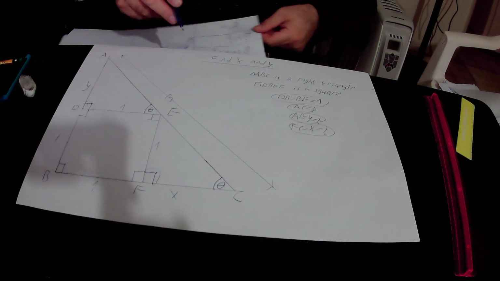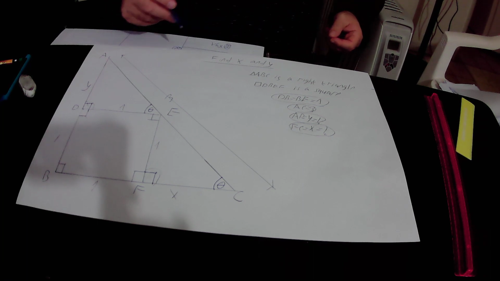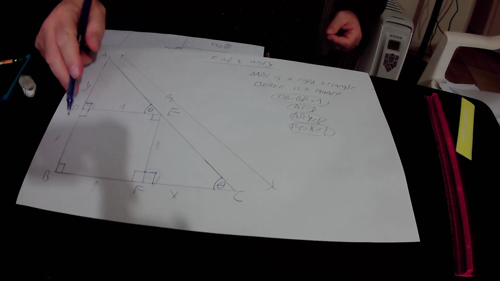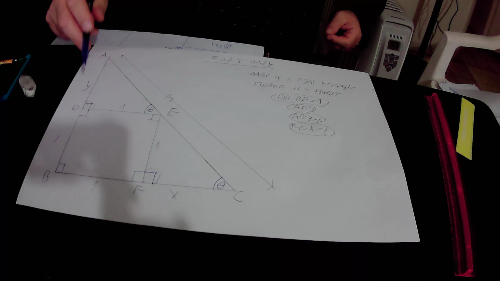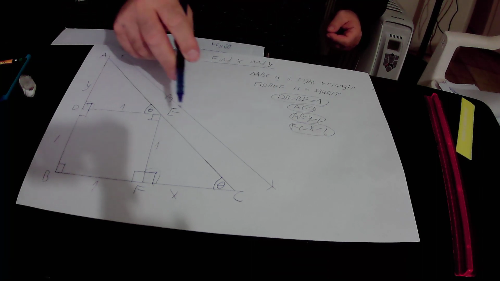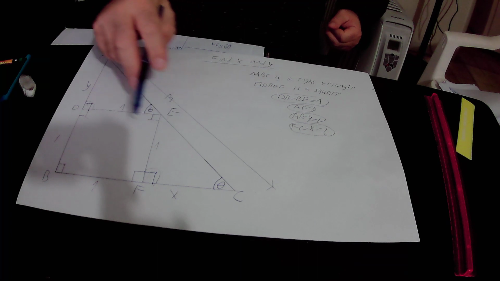AC equals 3. Therefore, AC squared will be equal to 3 squared. 3 squared is 9, and it equals AB squared plus BC squared. AB equals y plus 1. Therefore, AB squared will be equal to (y plus 1) squared plus BC squared. BC equals x plus 1.